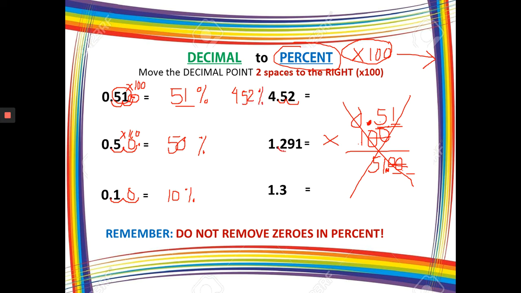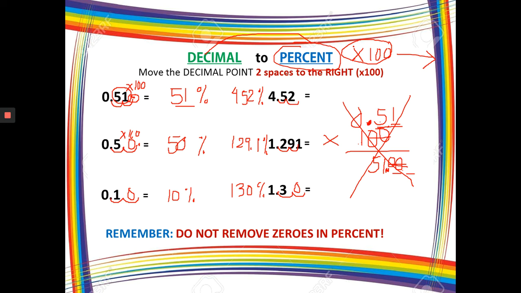Okay, move to the right, 1, 2. So that is 129.1%. Okay, in here, move 2 places, 1, 2, write 0 there. So it's 130%. Easy, right?